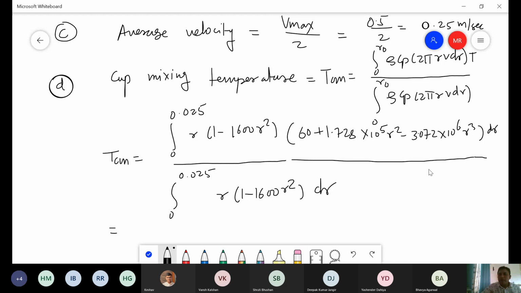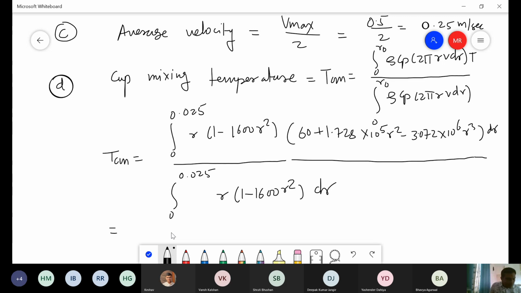So can anybody calculate this integral? I have not calculated this integral. Please calculate and tell me the value. Anybody? I have roughly calculated the value.